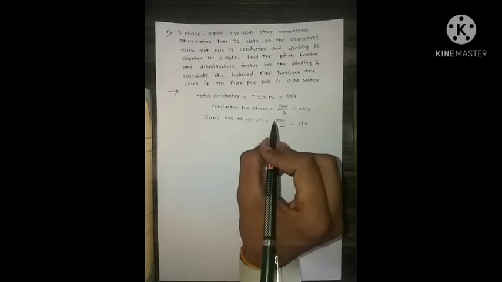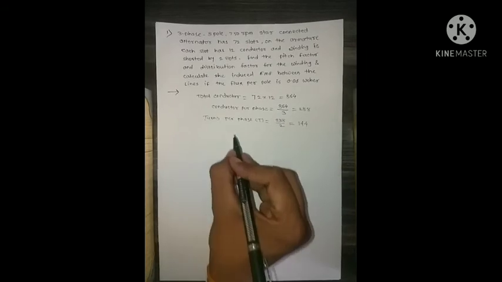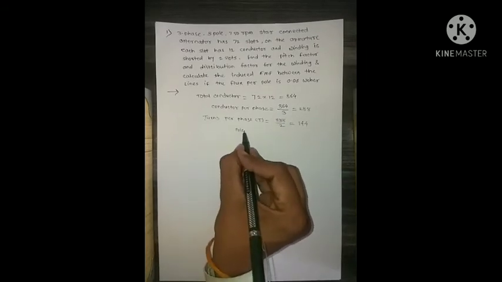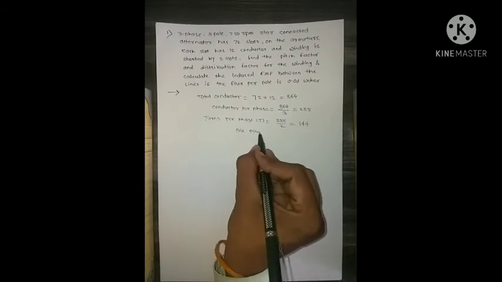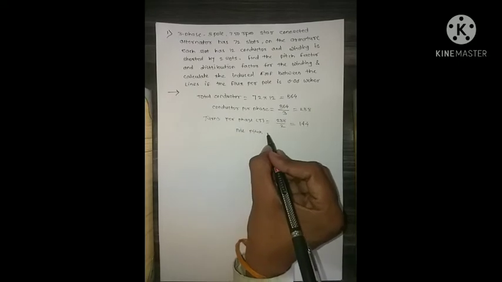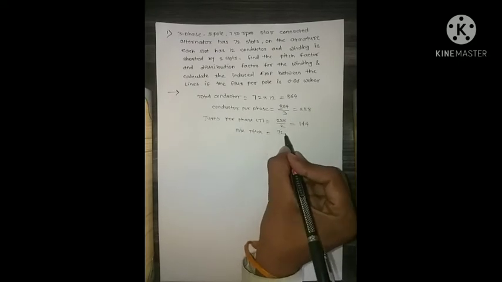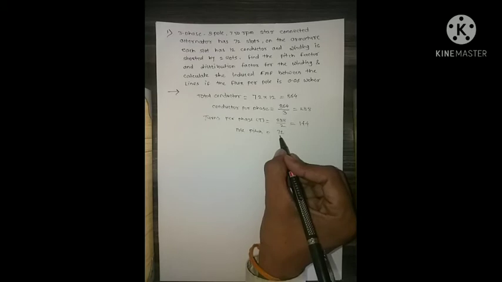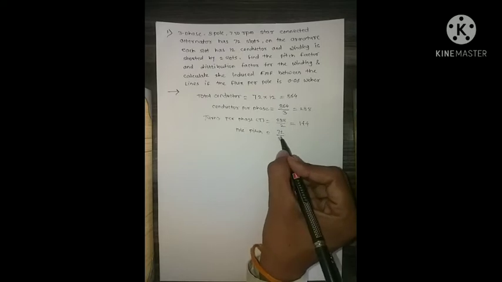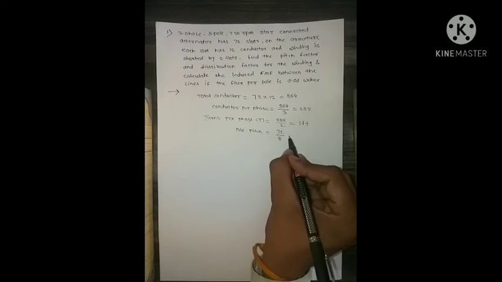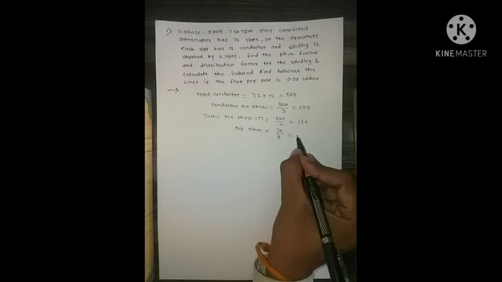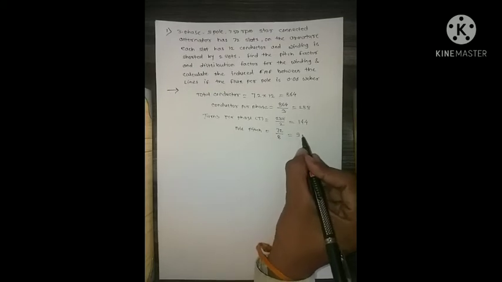So now we have to calculate the pole pitch. Pole pitch equals 72, that is the number of slots, divided by the number of poles, and the number of poles given is 8. So the pole pitch is 9 slots.